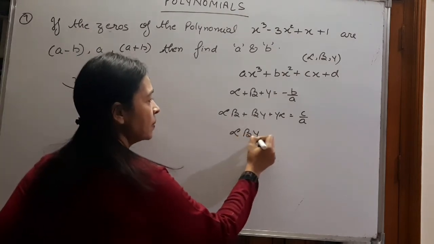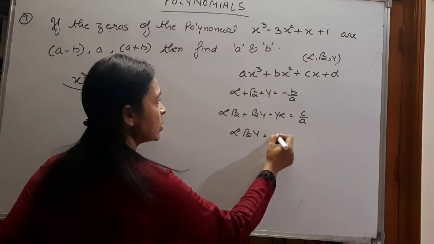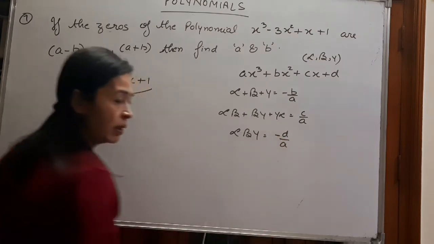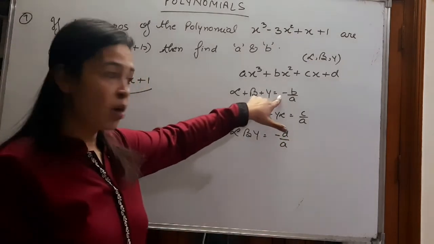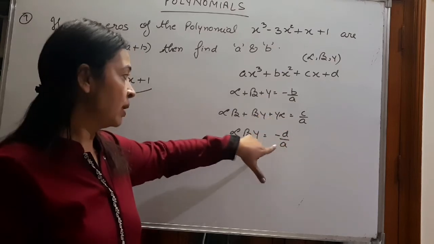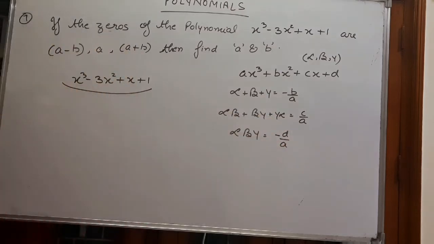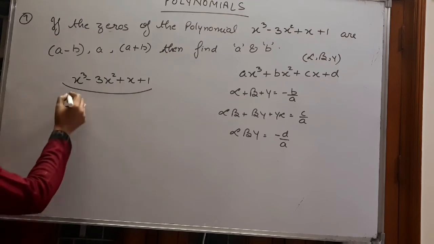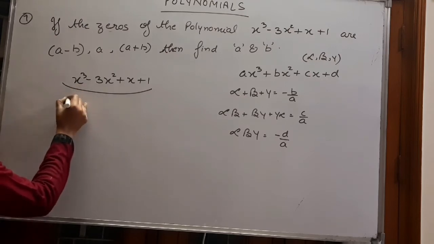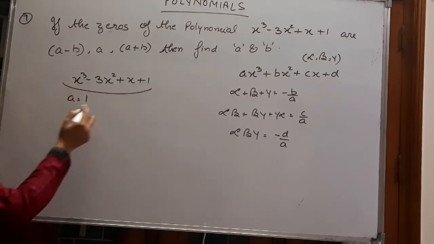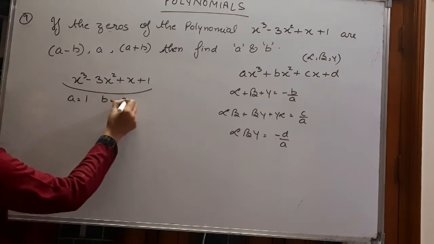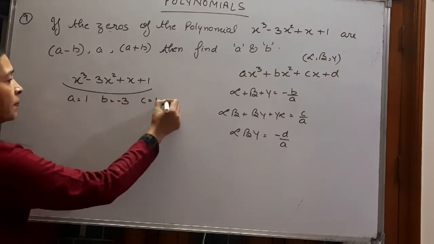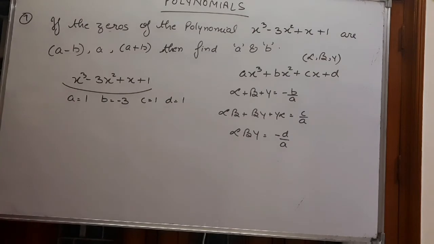And alpha beta gamma, the product of all three zeros, is minus d upon a. First is minus b upon a, then positive c upon a, again negative, minus d upon a. In this case, we have a as 1, b as minus 3, c as 1, and d is also 1.